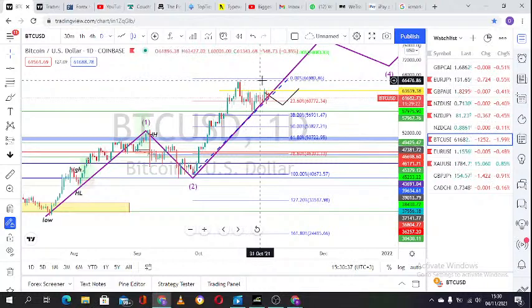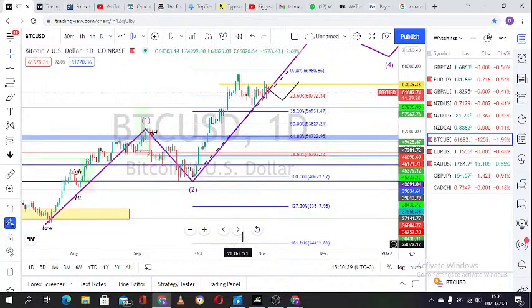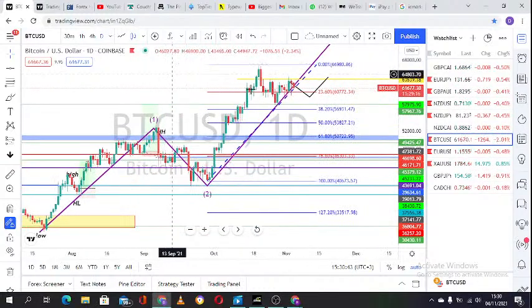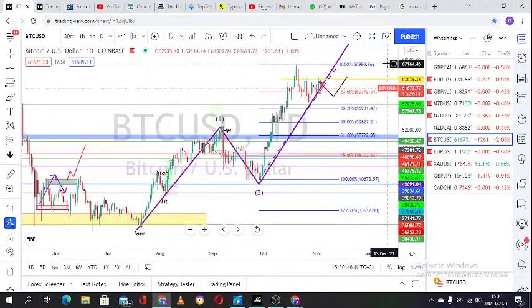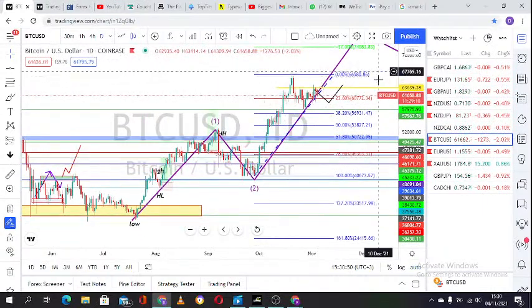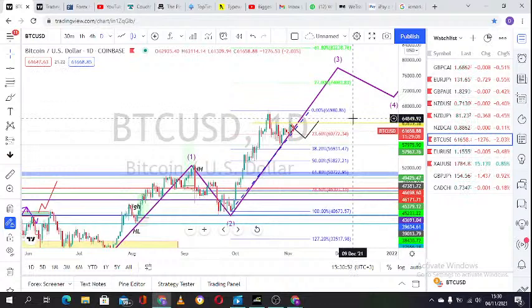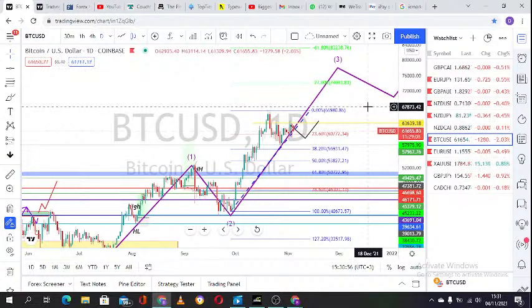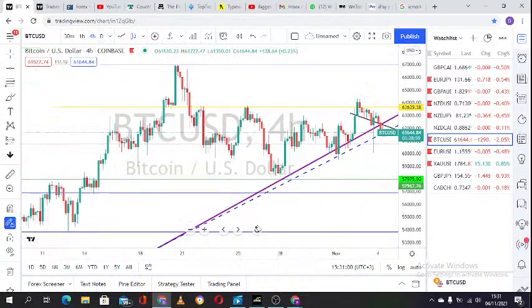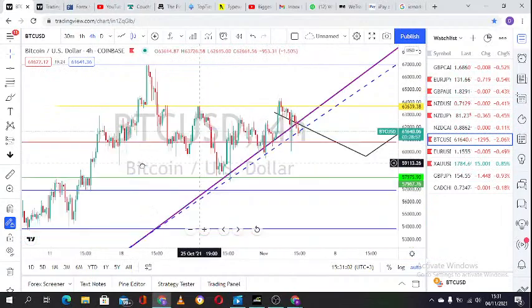Definitely looking for that exhaustion, one very strong exhaustion, or just another push, just to make it clear that this is the second wave. Remember, waves 2 and 3 are the longest waves when it comes down to Elliott waves. If we go down to our lower time frames, you can already see Bitcoin has been respecting some of these key areas.